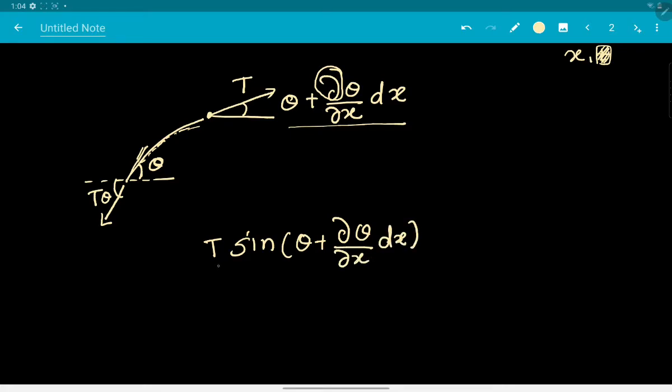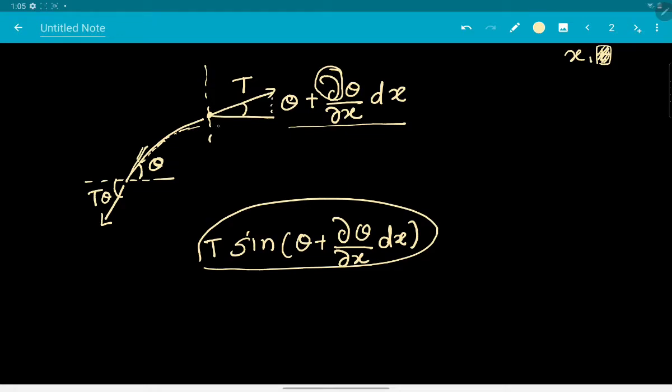So what is this? This is the unbalanced force acting in the vertical direction. I'm going to write the force balance only in the vertical direction, because I am considering only vibrations in the transverse direction. I'm not going to consider those vibrations which are along the length direction of the string. So I'm considering the sine component of it.